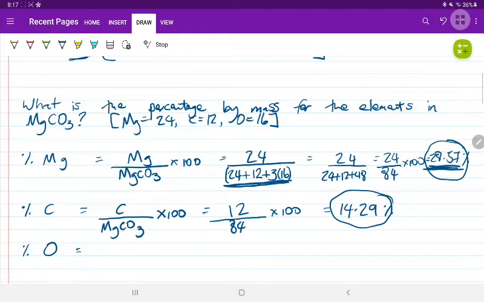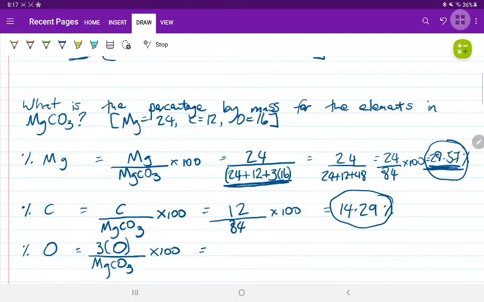Or we could say the mass of oxygen, and there are 3 oxygens, so you have to multiply the RAM of oxygen by 3, divided by the mass of magnesium carbonate multiplied by 100. So you can add up your percentages for carbon and magnesium, and then subtract from 100.